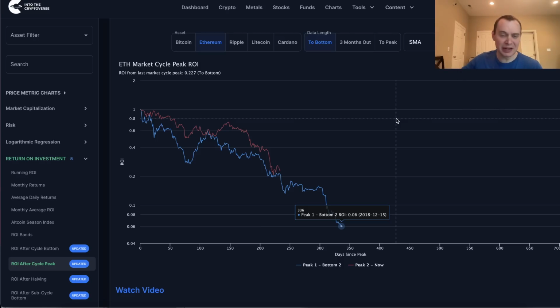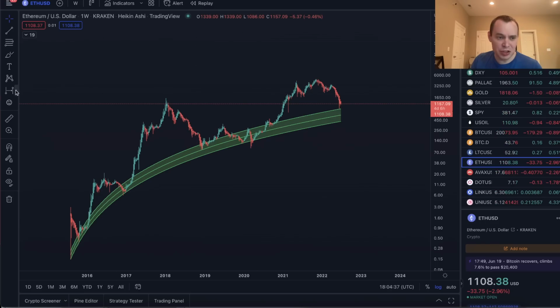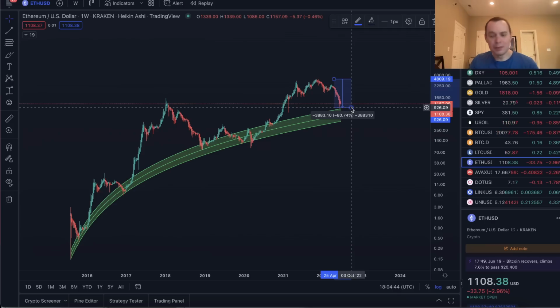So it gives better gains typically in a bull market, but it also provides more difficult losses in a bear market. And one of the ways to visualize that is Ethereum from its peak has already gone down 80%. Bitcoin has only gone down about 75% or so.